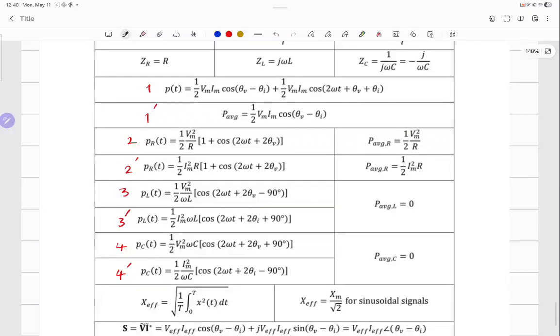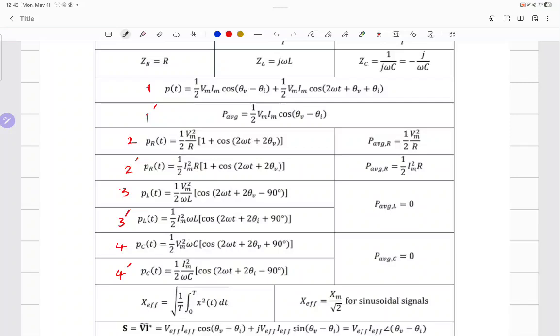Look at the equations 1, 1 prime, 2, 2 prime, 3, 3 prime, 4, 4 prime. So 1 is the most general form. 1 prime is the average part of that. And I don't know why it should be a separate row. If you don't know that the first term is the average, why are you taking the exam?